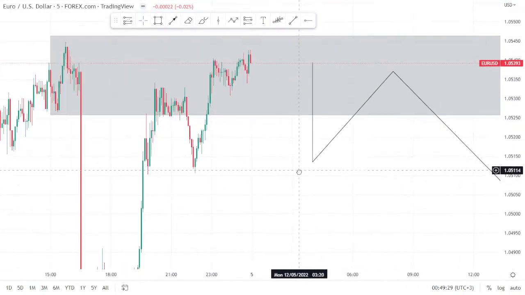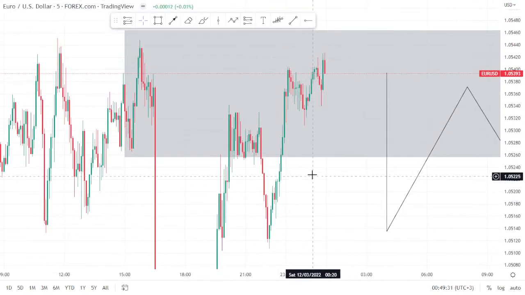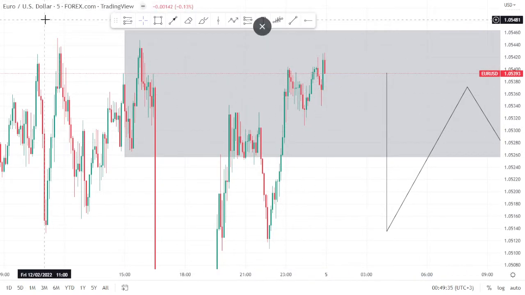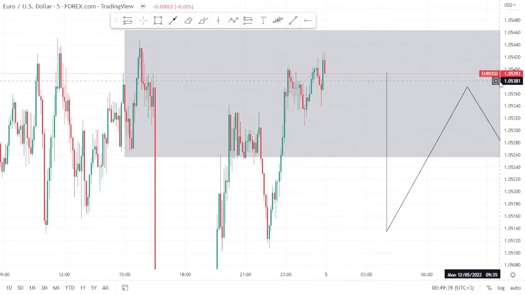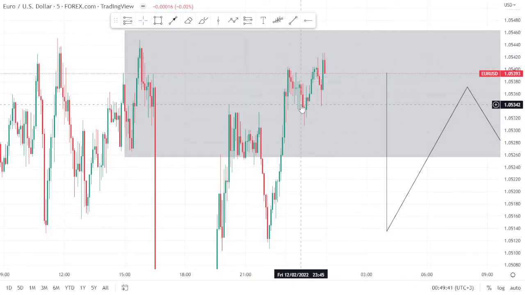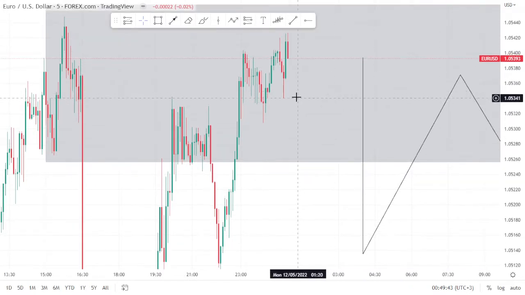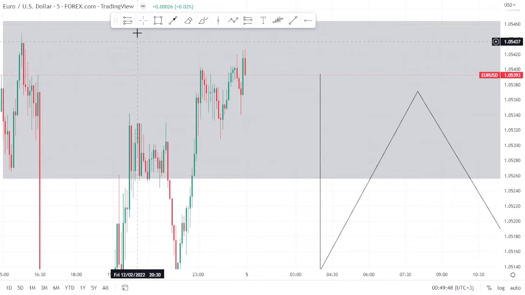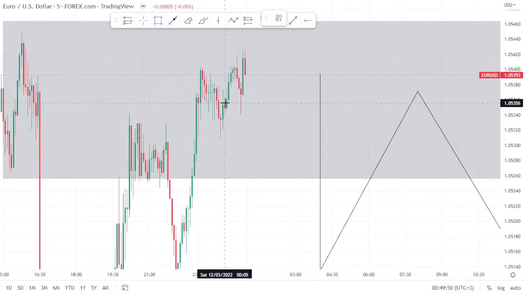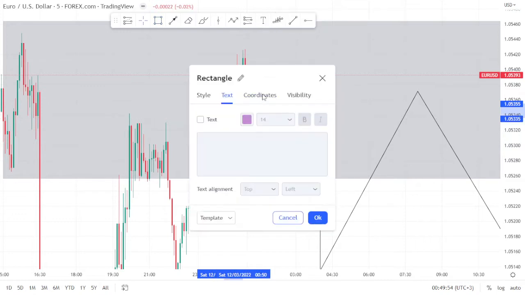If it was me, maybe I'm on 5 minutes, because I do my analysis on 1 minute and I enter on seconds. I like the lower time frames because they show the information in more detail. Here, as I can see, the market for this meantime is mitigating this small demand zone, which is here.